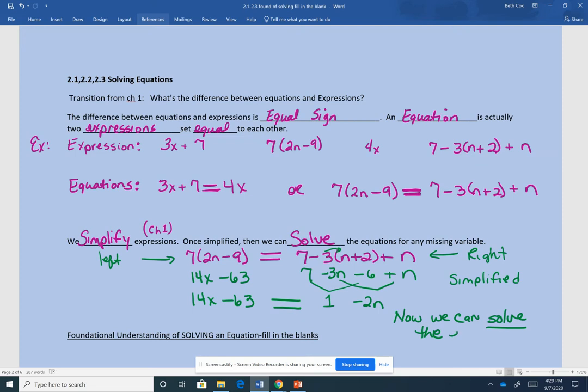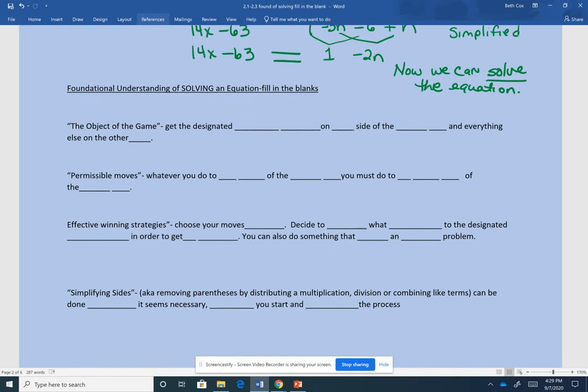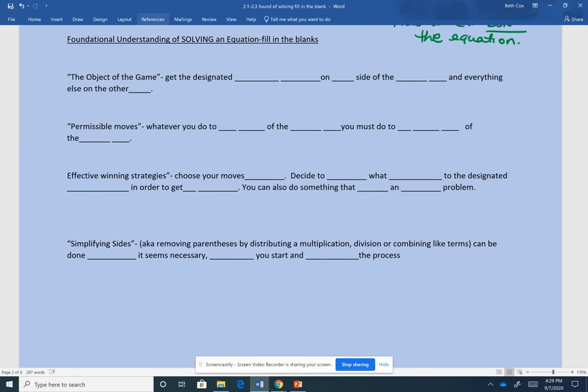Okay, so let's look at the foundation of solving. All right, so now basically solving is kind of like a game. It's kind of like a game, and there are many different moves you can make, and then there's a strategy, and so this is kind of like a game.